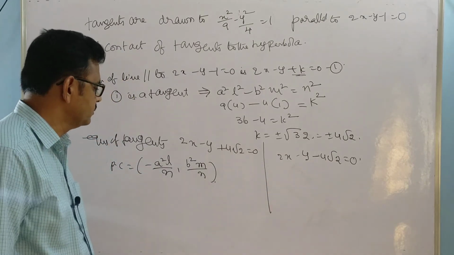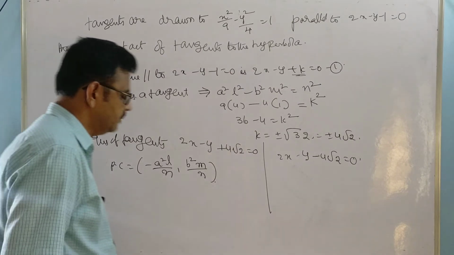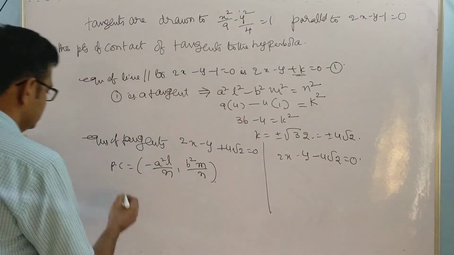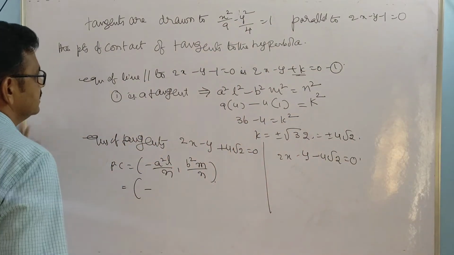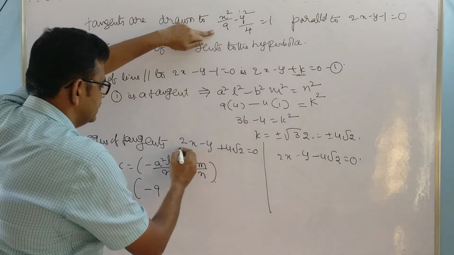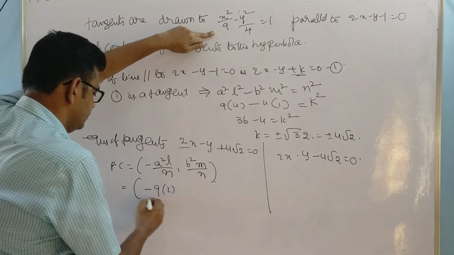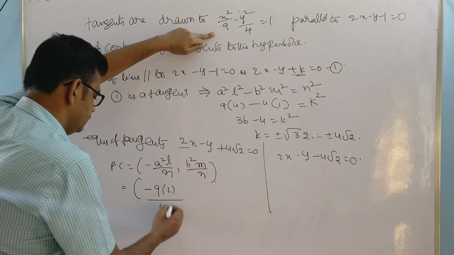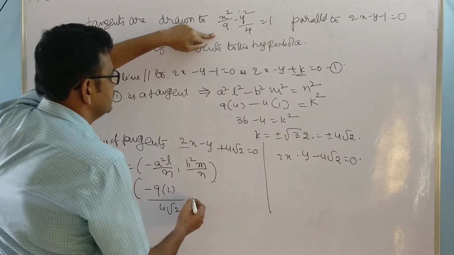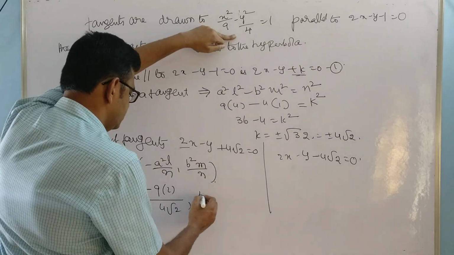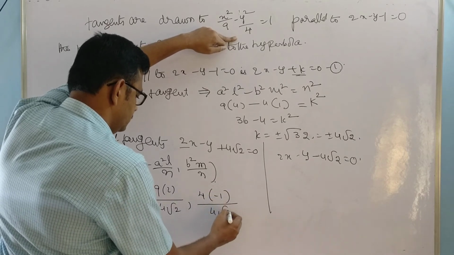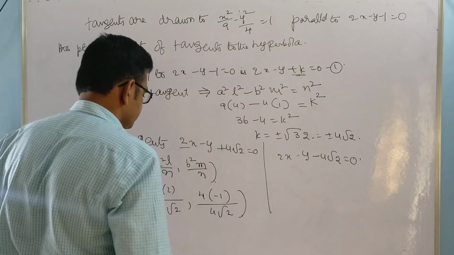So minus a square L by n: a square is 9, L is 2, n is 4 root 2, comma, next b square is 4 into m is minus 1 by n, 4 root 2.